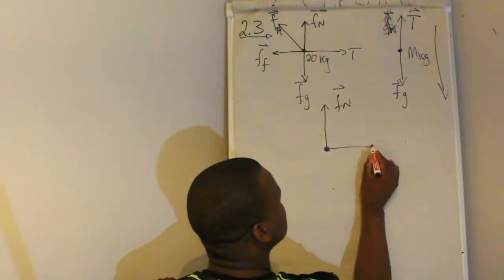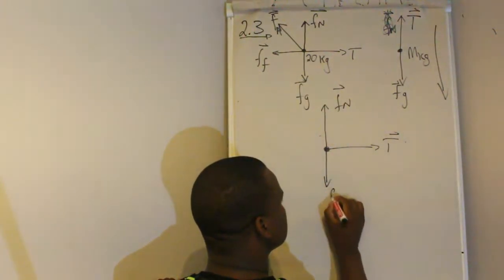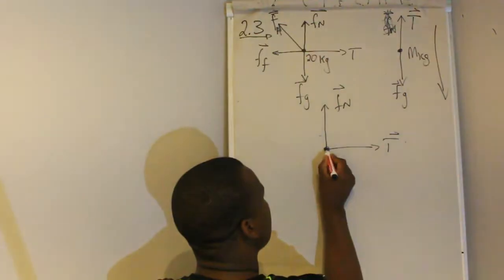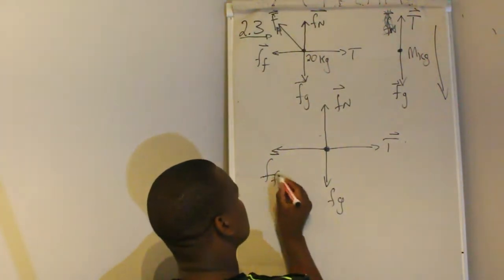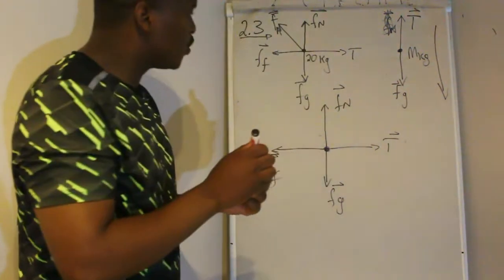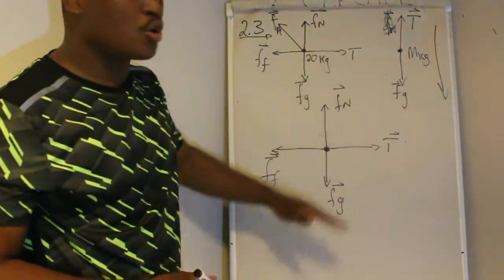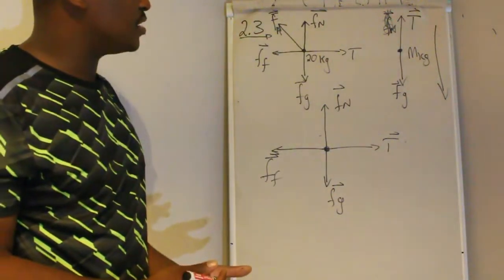This is the tension force. This is the force of gravity. And this is the frictional force. So all the forces that we have drawn here are either parallel or perpendicular to the surface.